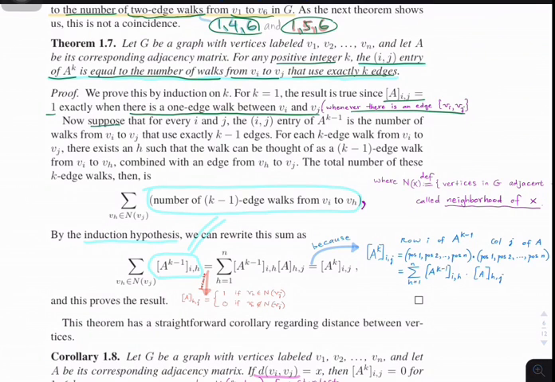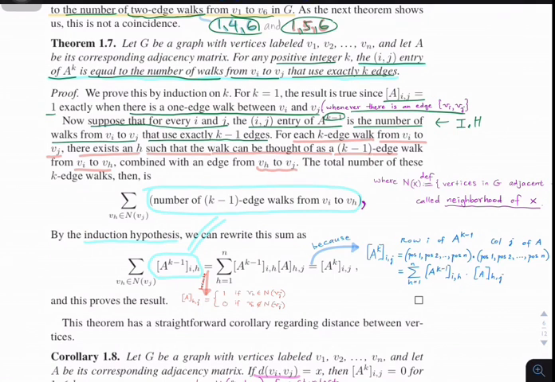Now suppose that for every i and j, the ij entry of A multiplied k minus 1 times is the number of walks from i to j that use exactly k minus 1 edges. This is the inductive hypothesis. Now, when you take a k edge walk from i to j, this walk can be thought of as a shorter walk with k minus 1 edges from i to h, combined with an edge from h to j.